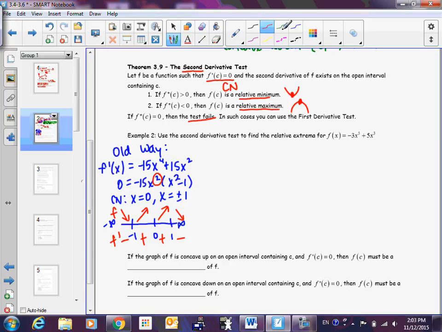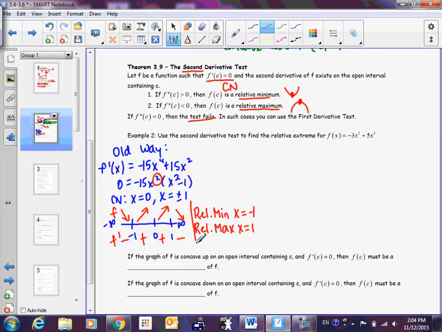So here's my big question. Do I have a relative min? Yes. Yeah, and it's happening at x equals -1. And I'm not going to write the justification on these just because I really want to get to the next part here. And I have a relative max happening at x equals 1.